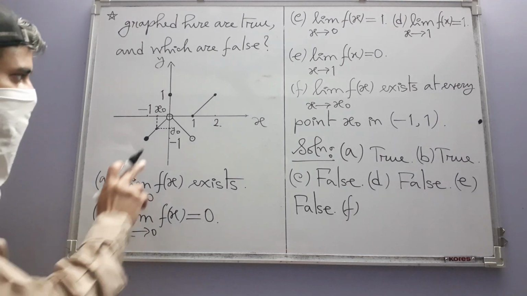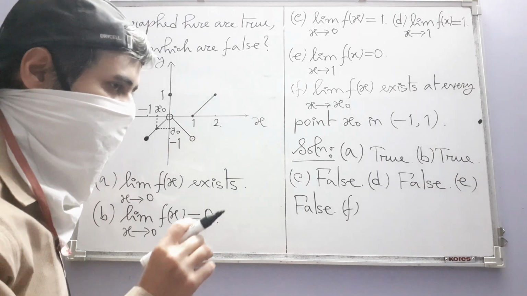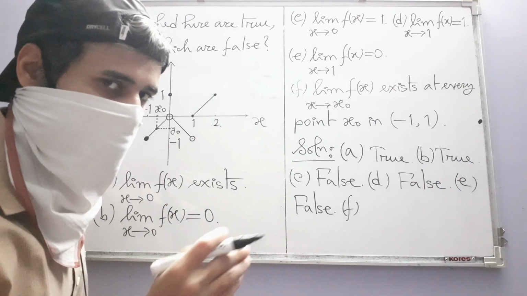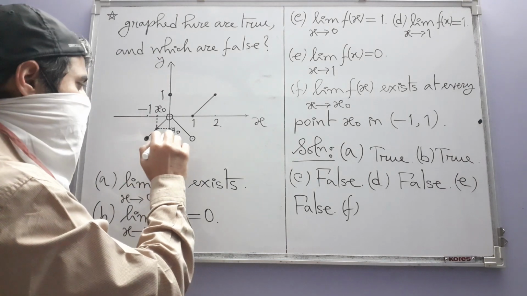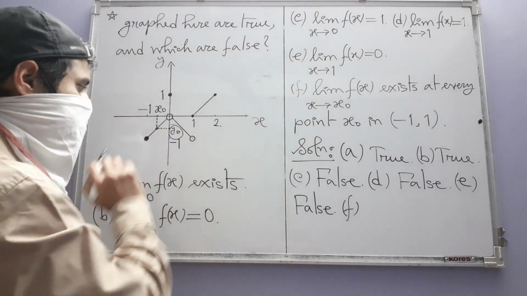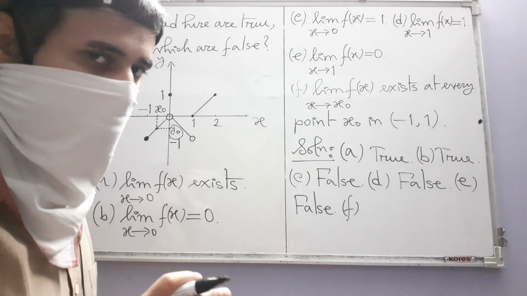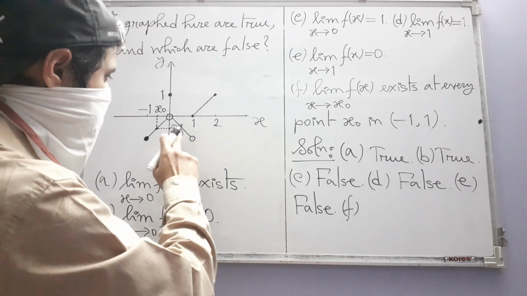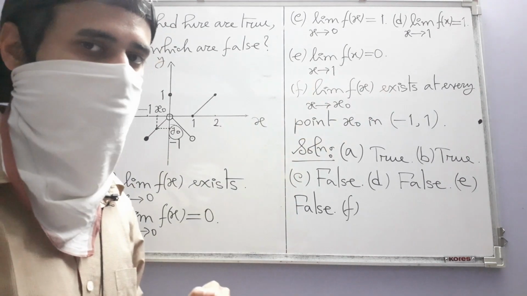That means irrespective of which side we are choosing to put our independent variable x and make it close to x0, the output value is approaching y0. So limit exists, and that limit is y0. Y0 of course is nothing specific, but the point here is that the limit exists.